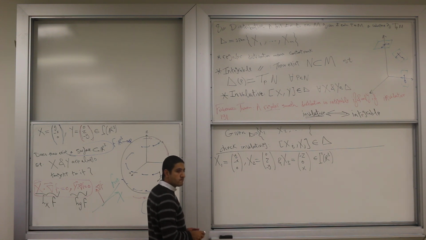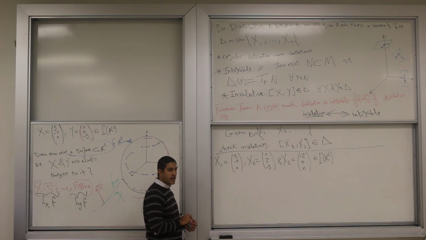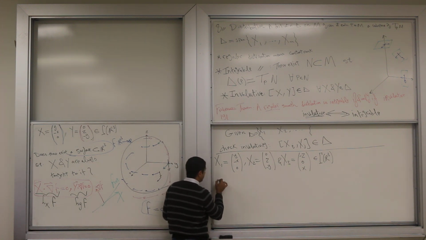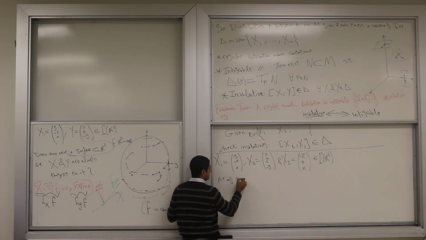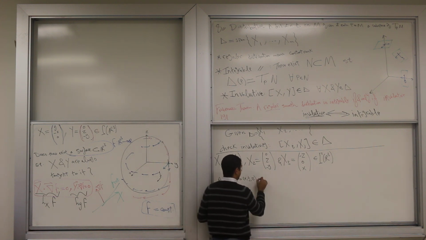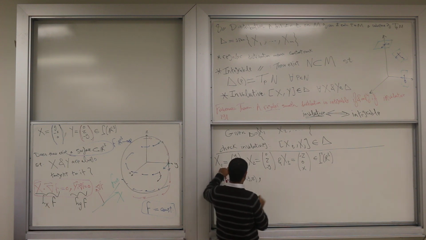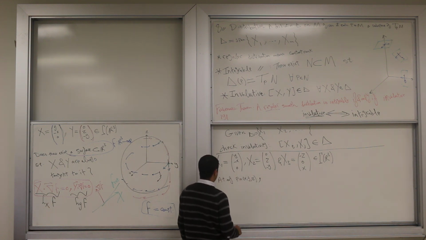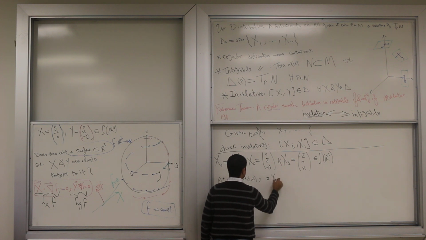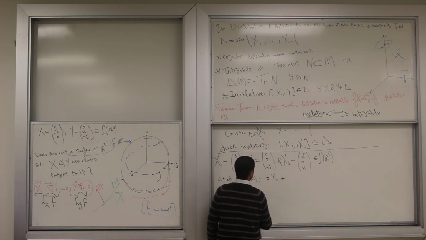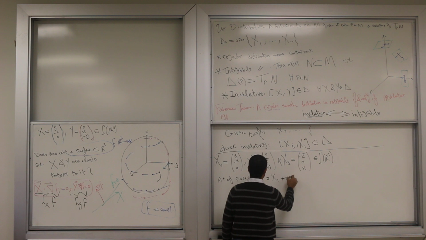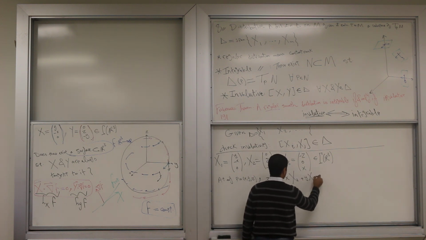Okay. Are they three independent vectors? Actually not. Why? Because at any point P, x, y, z, we have z times this guy plus x times that guy plus y times this guy is 0.